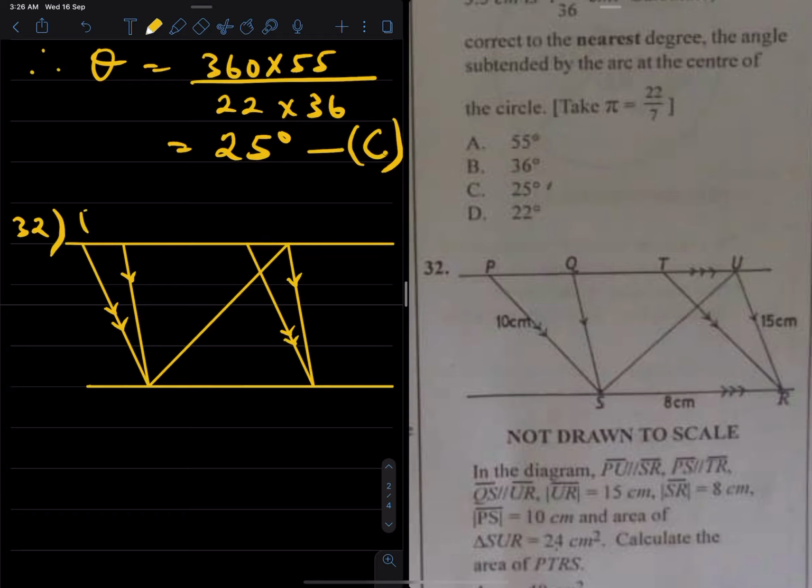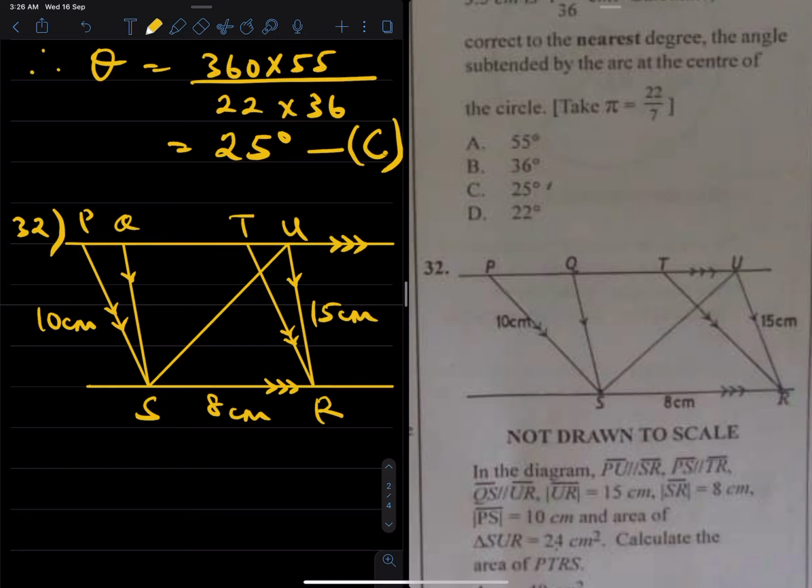So let's label: this is P, Q, T, U, R, S. This line is parallel to this line. UR is 15 centimeters. SR is 8 centimeters. PS is 10 centimeters. And that's all.